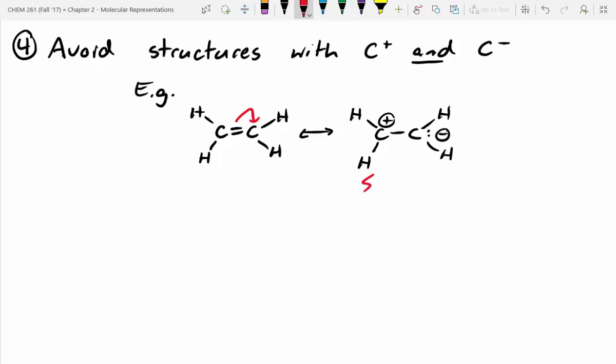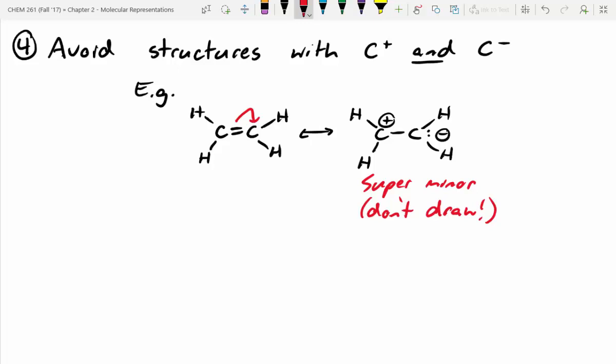This is super minor, meaning don't draw it. You only need to show that as a localized pi bond. It's really not delocalized to any meaningful degree. Does that make sense?